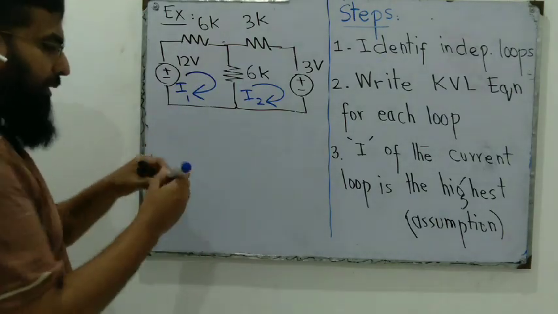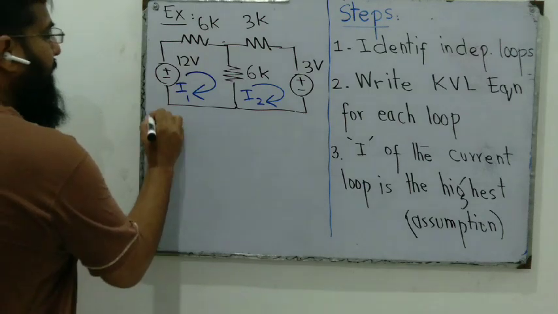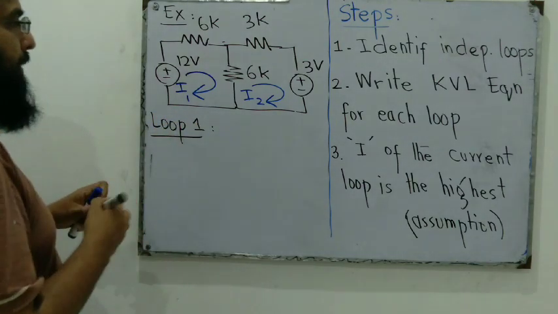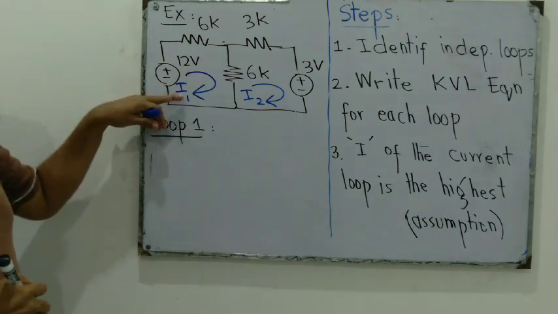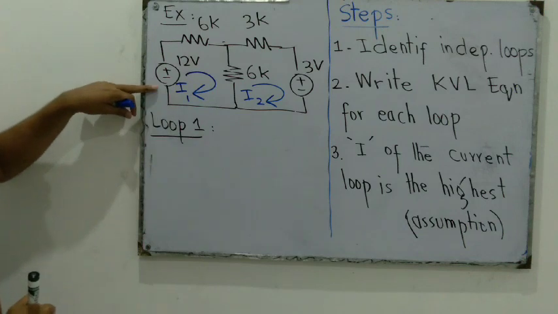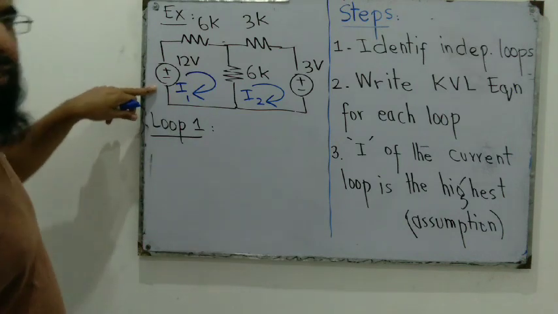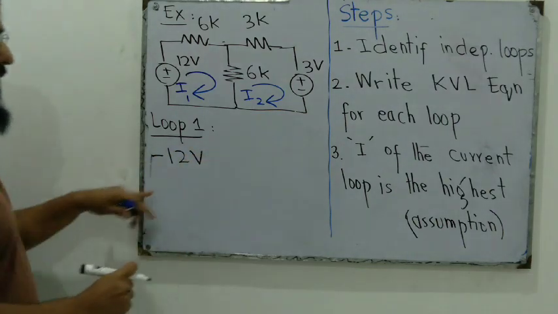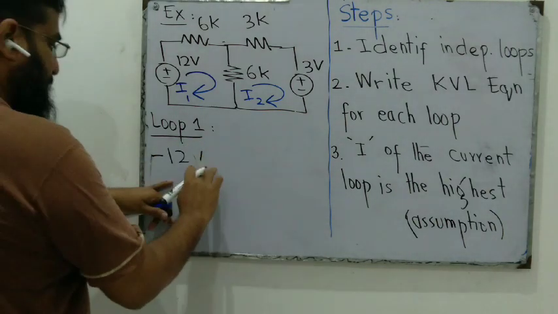Now first consider loop number 1 and let's write an equation for this loop. In loop 1 we have current I1 flowing. This I1 current enters through the negative end of this 12 volt battery. There is a voltage rise, as we have already studied, so we will write minus 12.